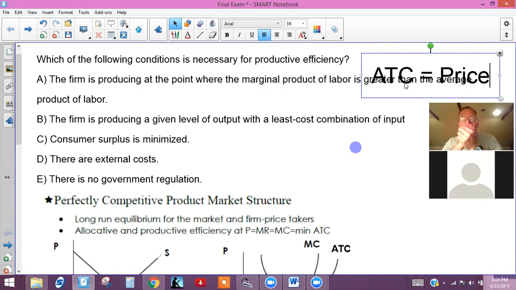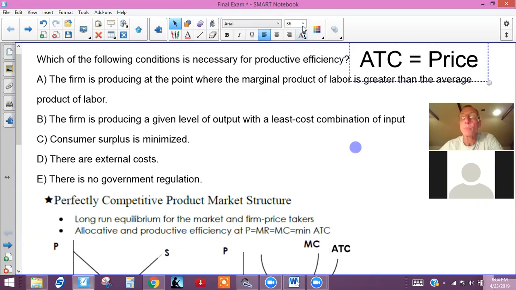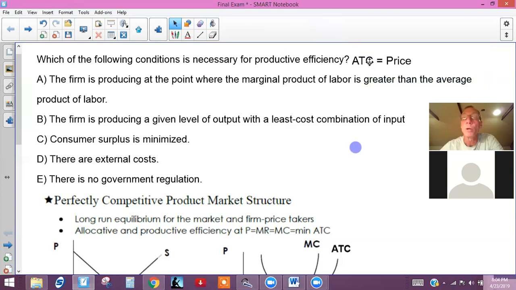When we can say that we are producing at a level where cost for each of our units equals the price of each of our units, then we are productively efficient. Okay, so that's what we know.